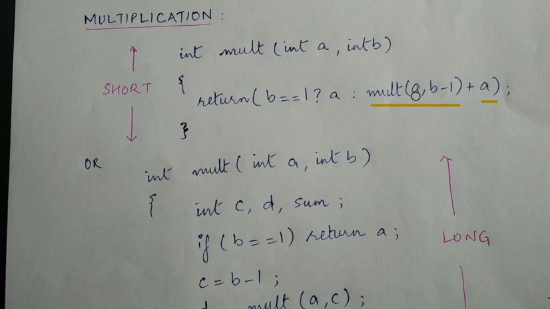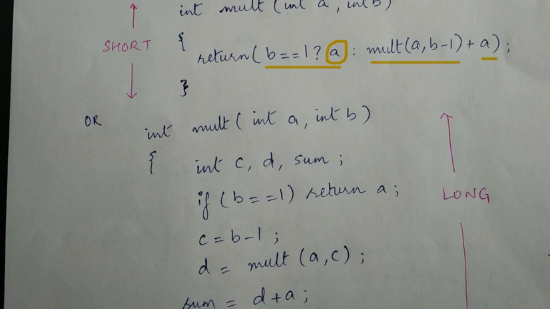So we are reducing the problem to multiplying a with b minus 1 now, and your base case is if b is 1. So if a is multiplied by b and b is 1, that means you just have the answer a. So you return a in that case. So this is the condition. If b is 1, return a, else you call the function multiply a with b minus 1 plus a.